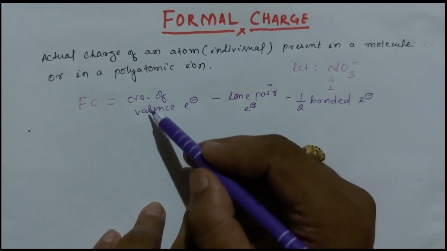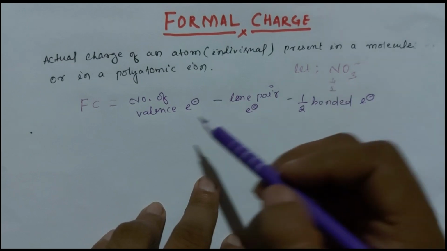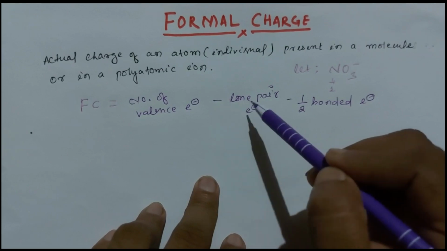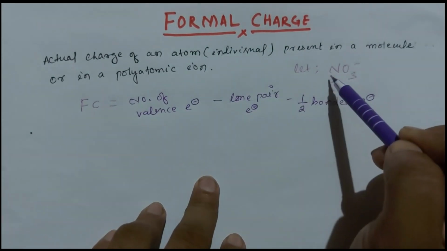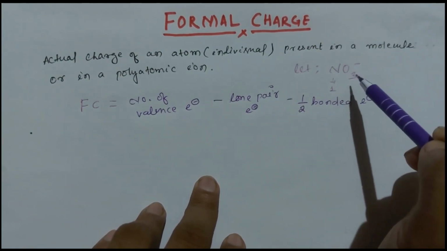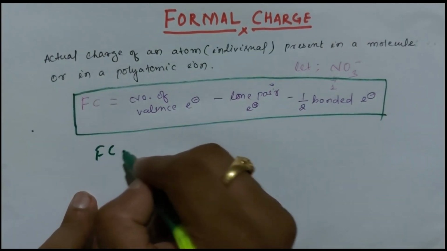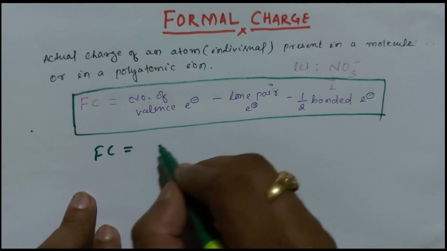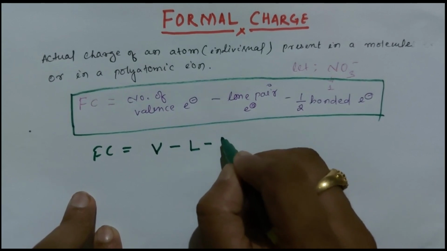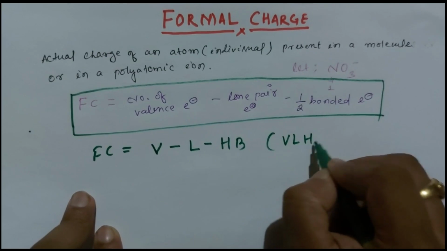This is the total number of valence electrons. If you calculate the formal charge of the nitrogen, first I have to write the number of valence electrons, minus the number of lone pair electrons present on the nitrogen, minus half the number of electrons involved in bonding with the oxygen. Now I will tell how to remember it easily. Formal charge is equal to V minus L minus HB, so remember it like this: VLHB.